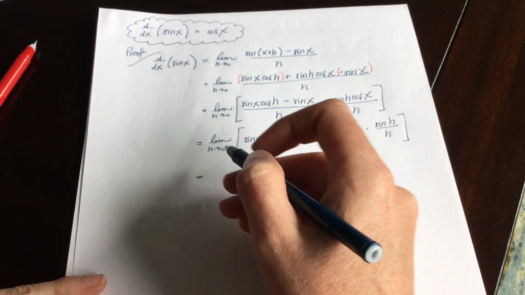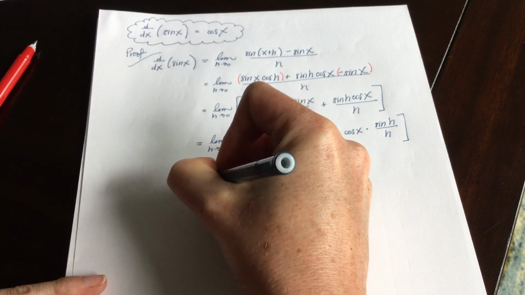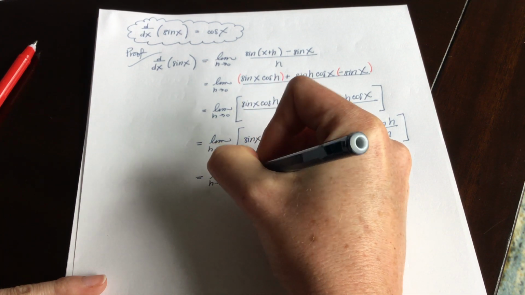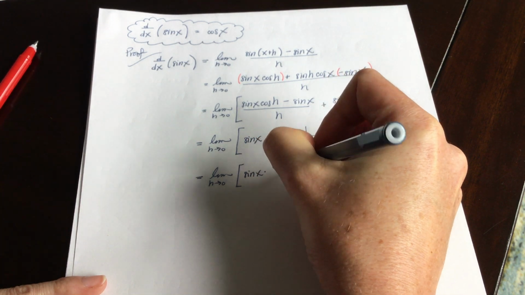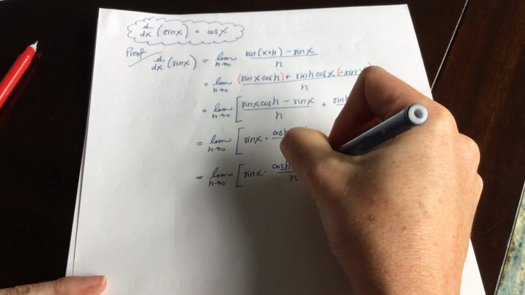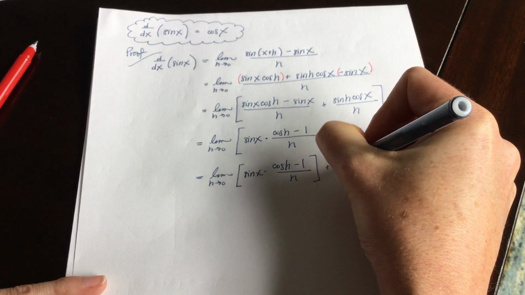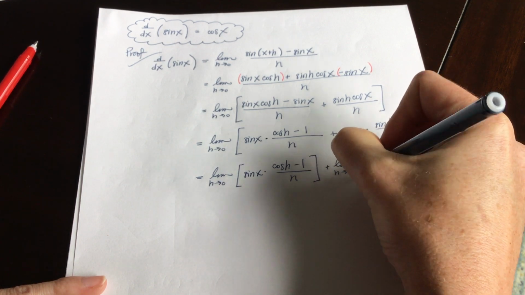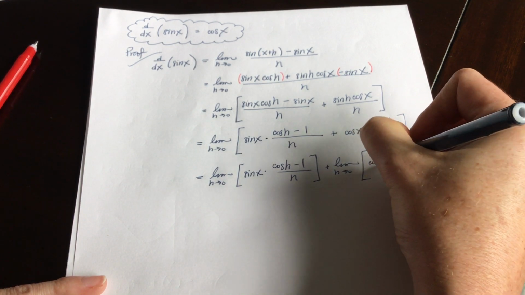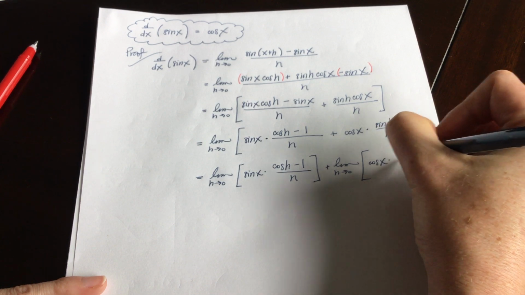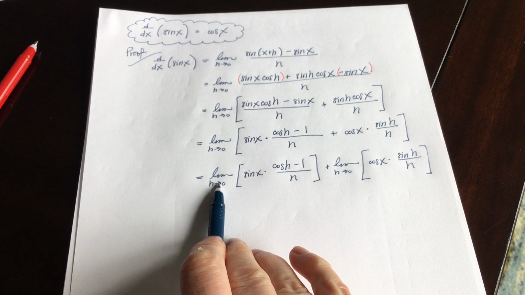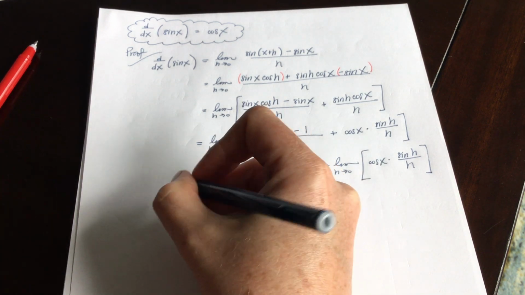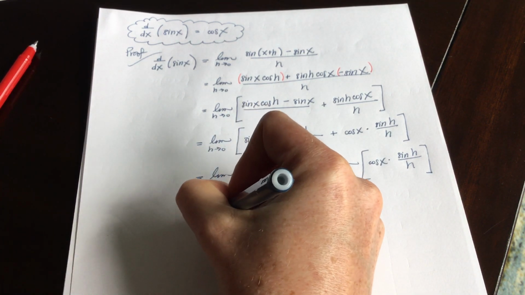All right, so we'll have the limit as h approaches 0 of sine of x times cosine of h minus 1 over h, plus the limit as h approaches 0 of cosine of x times sine of h over h. All right, also recall that limits distribute over multiplication, unlike derivatives.